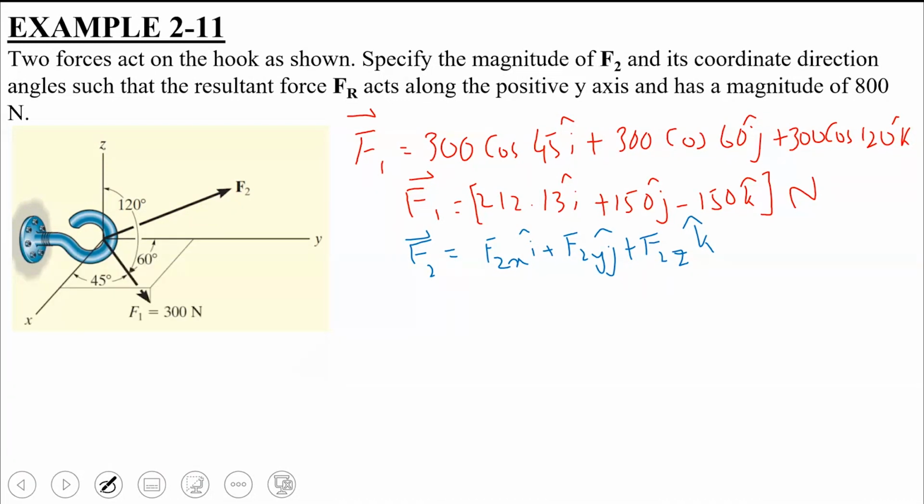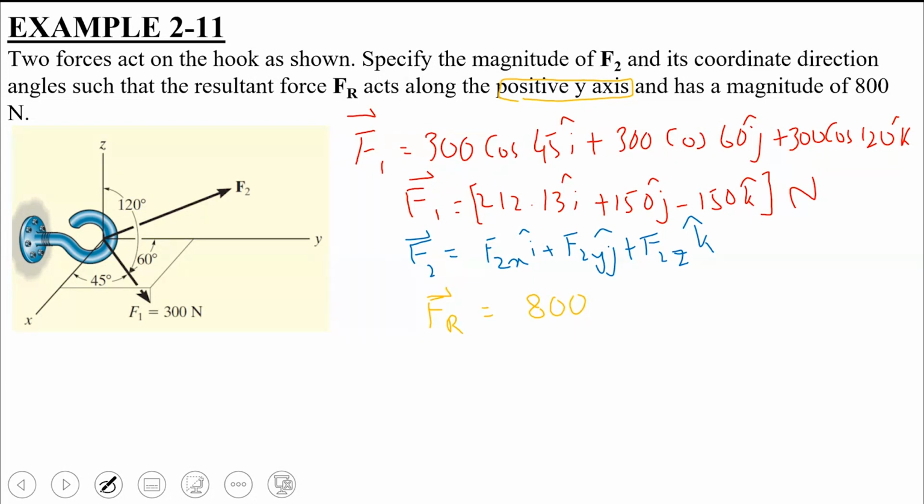Okay, what about Fr? Can you write Fr in terms of Cartesian notation? Yes sir, मैग्नीट्यूड तो हमें पता है उसका. What about its direction? Fr along the positive y-axis. So what should be the Cartesian notation of Fr? सर ये 45 और 60 को ऐड कर देंगे हम सर. नहीं सर, थोड़ा सवाल गौर से पढ़ें.